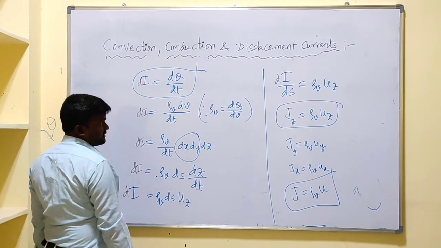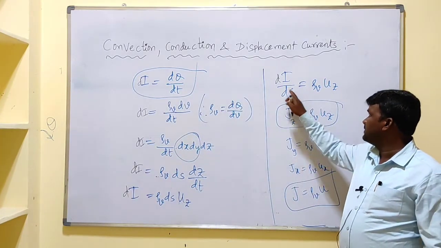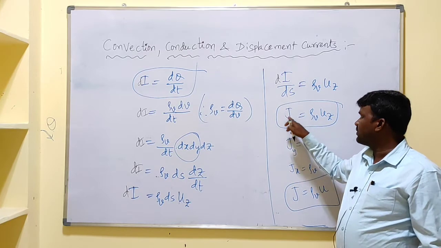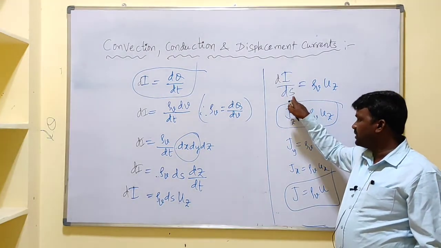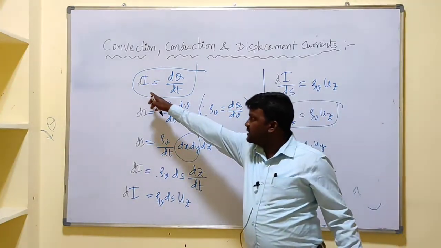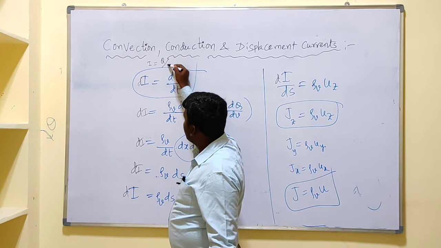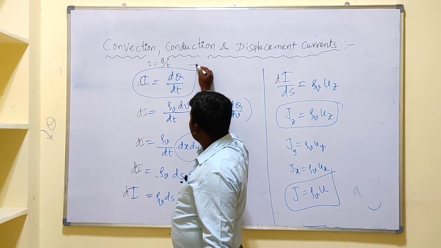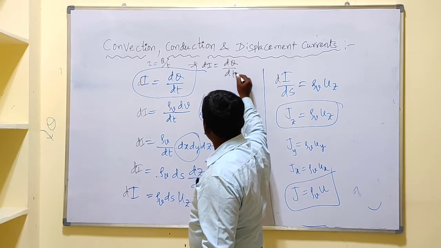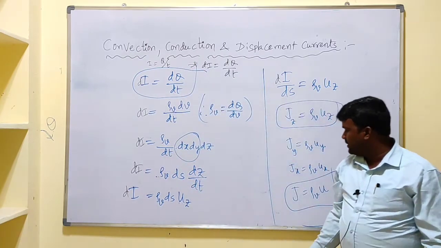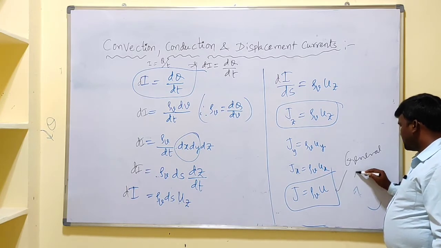Current density is current per unit surface area, and if the surface area changes, the current passing through that area also changes. That's why I consider it like this: I equal to Q by t, then di equal to dq by dt. Simplifying this gives the general expression for current density.